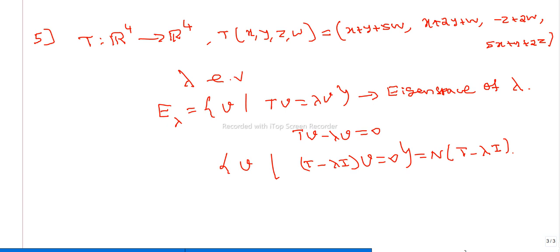Maybe if all the eigenvalues are the same, then they can ask anything, and the question is valid. Suppose all the lambdas are the same, then eigenspace of T means the eigenspace of that particular lambda. But I think we get different eigenvalues for this linear transformation. So therefore the question is maybe wrong.